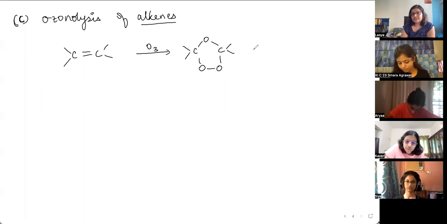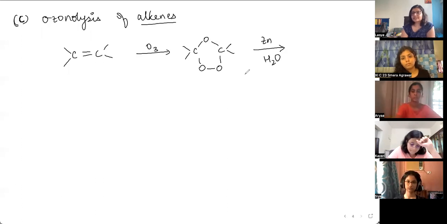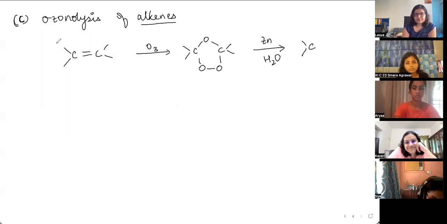Then what is the reagent that you use to break this apart? Hydrolysis with zinc, so zinc and water. Suppose we have X and Y over here.